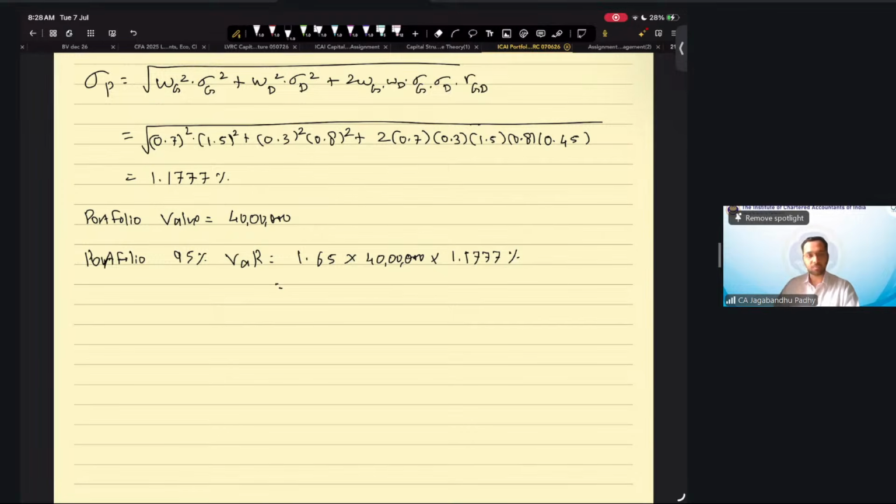So how much is the portfolio 95% VAR? 1.65 into 40 lakh into 1.1777 is 77,724. Now, what is 77,728?